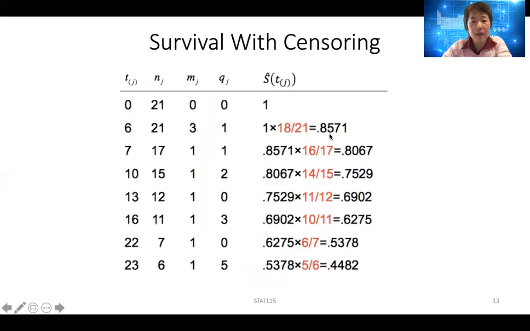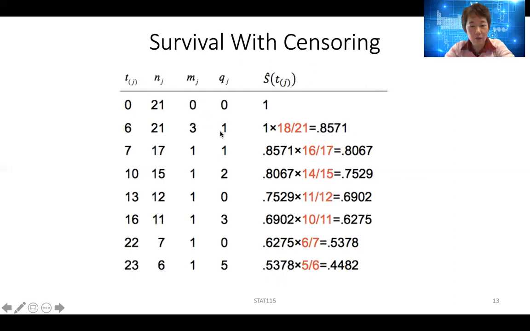The reality is that a lot of times, in addition to the people who potentially died, there are also other patients who, for some reason, just left the study because you just can't keep track of them anymore. And so in survival analysis, if we consider censored data, initially, yes, we did have 21 patients. At this time point, we know that 3 patients died. And so you can calculate the probability of survival here.